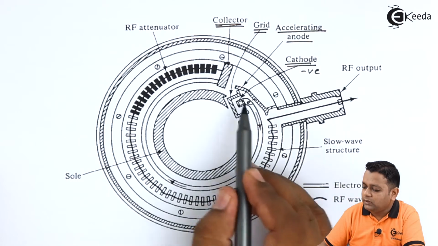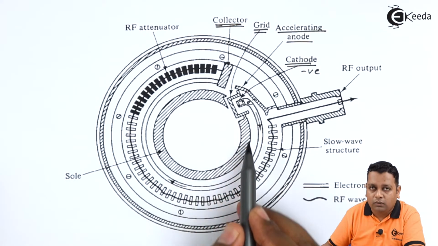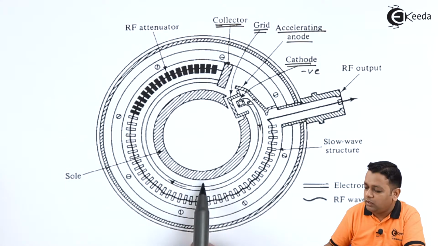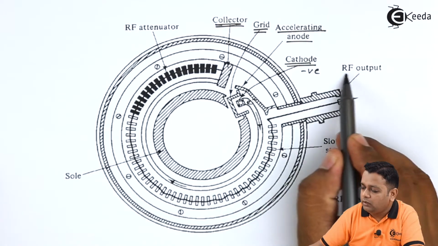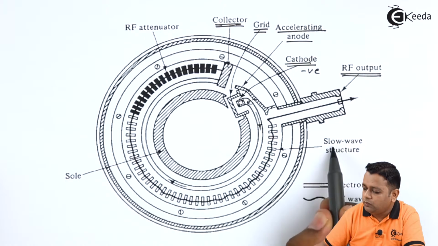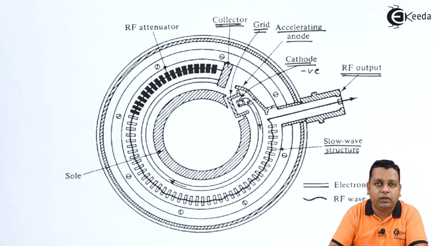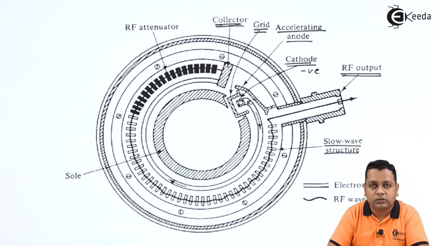Finally, as the interaction between the energy in the electron beam and the slow wave structure is done, we obtain the RF output. So the slow wave structure has a very vital role in the operation of this particular device, so that the oscillation is produced here.